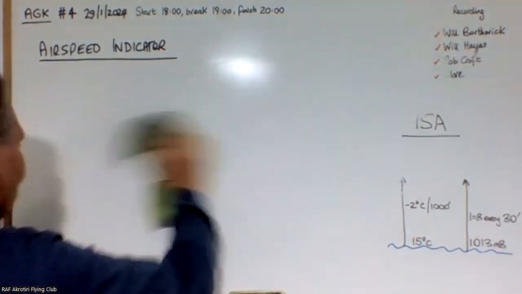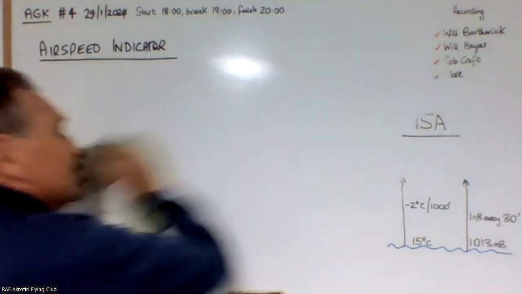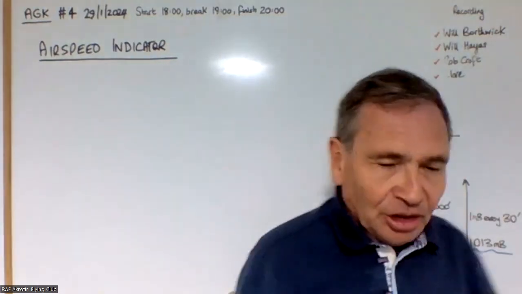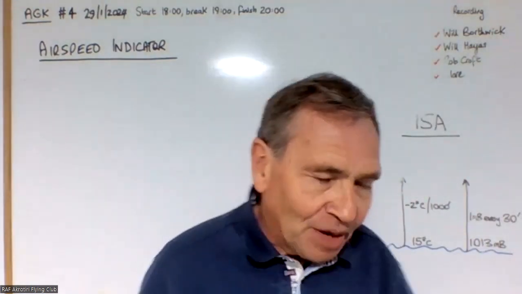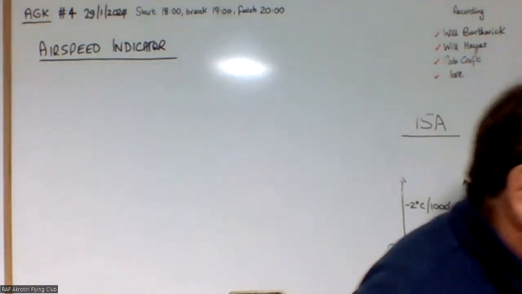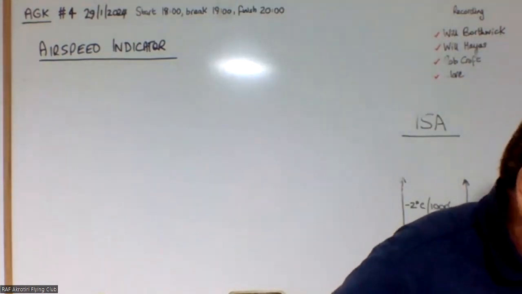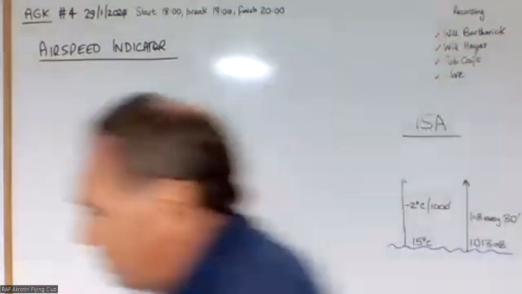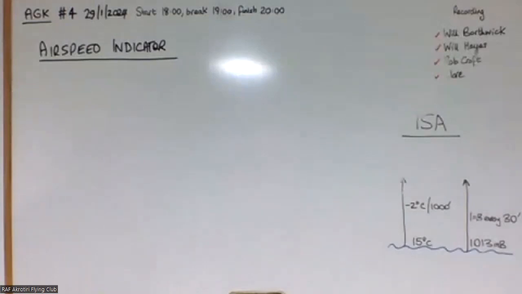In other words, the exam question will be worded something along the lines of: something's happened to your plane, what would you expect to happen to the various instruments? So the airspeed indicator is a classic one of what kind of things can go wrong with the airspeed indicator.